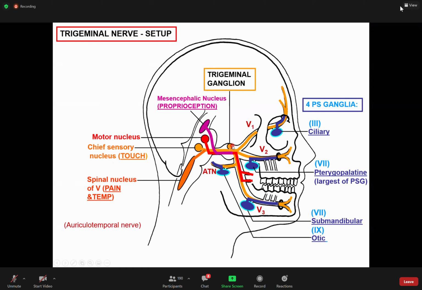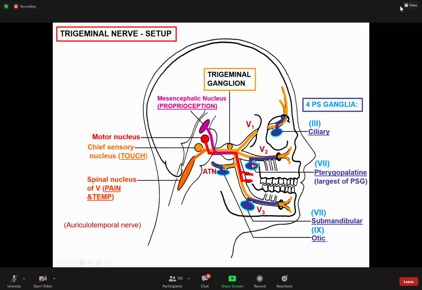Now you are seeing that there is a trigeminal ganglion which is present at the level of the middle cranial fossa, and it is giving rise to the three divisions of the trigeminal nerve. V1 goes into the orbit, and one of the parasympathetic ganglia attached to it is the ciliary ganglion. V2 is also passing through the foramen rotundum to reach behind the orbit in the pterygopalatine fossa.